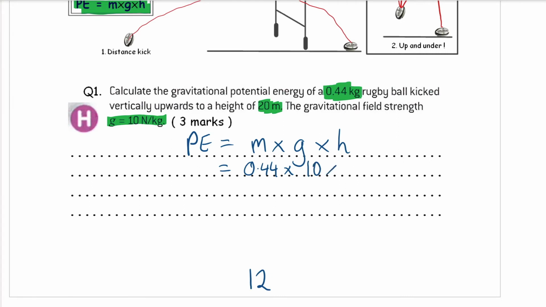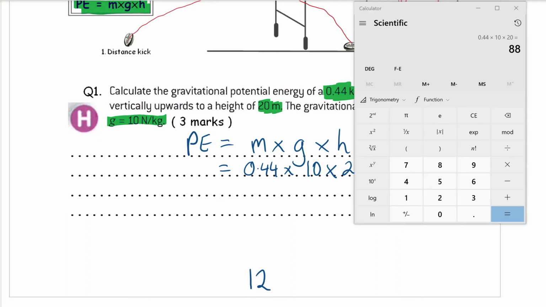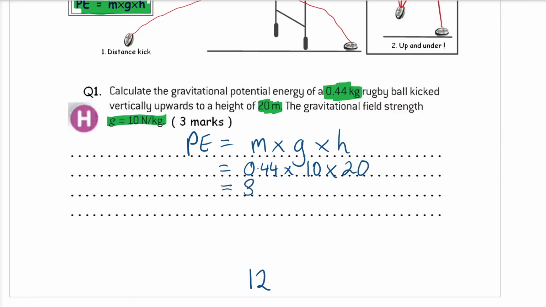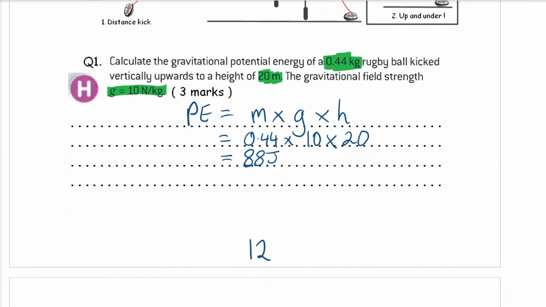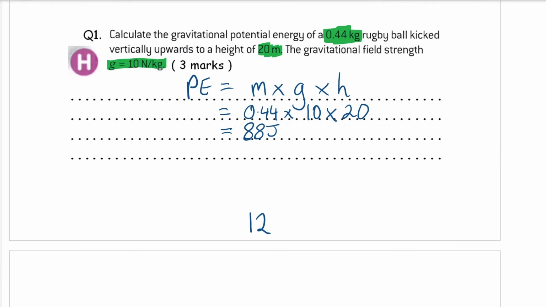It's gravitational field strength, and it's kicked to a height of 20 meters. You can see those numbers now have been put in a calculator on the right hand side, and the answer is 88 joules. So that's the gravitational potential energy that's gained by the rugby ball.